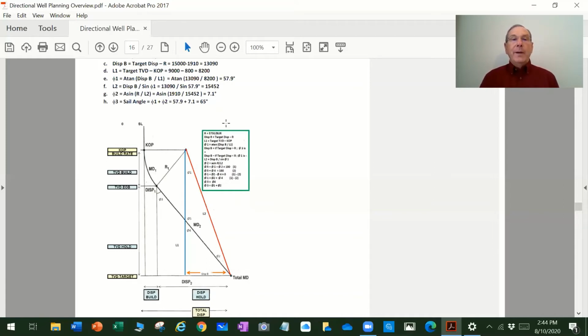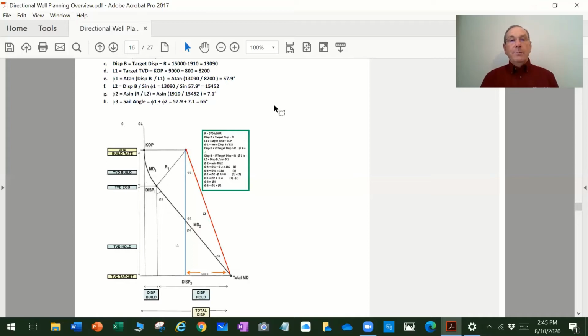And as we've already seen on our chart here, angle number 3 and angle number 4 equal angle number 1 plus angle number 2. So if we add those two angles together, 57.9 degrees and 7.1 degrees, that gives us a sail angle of 65 degrees.